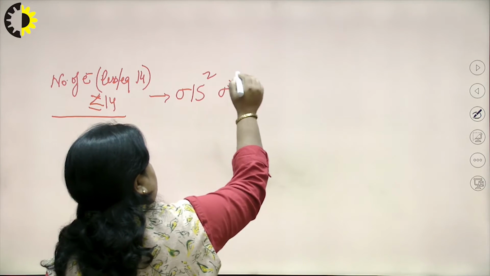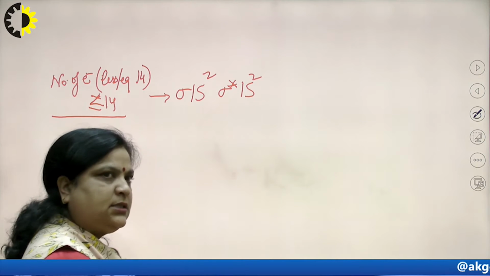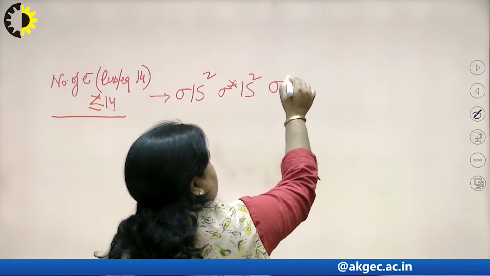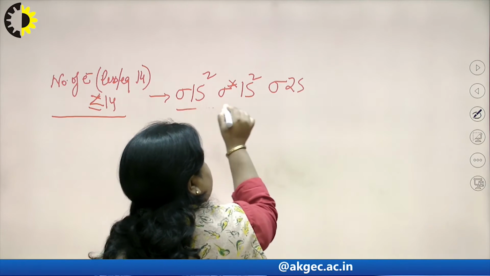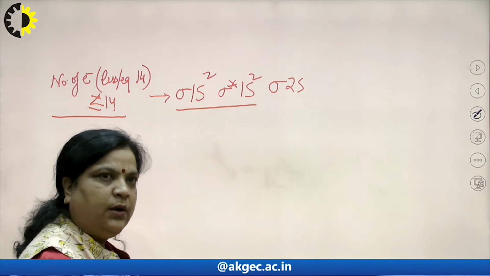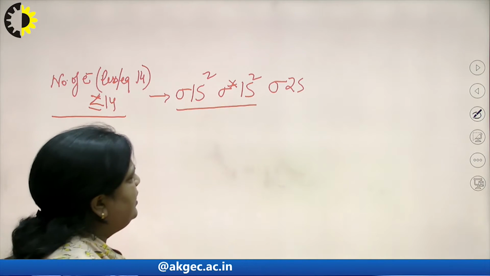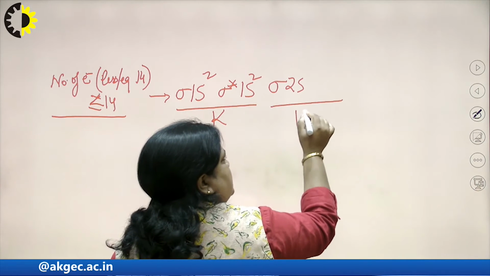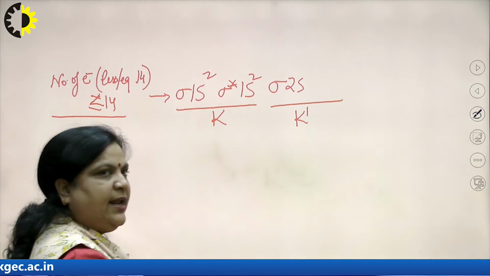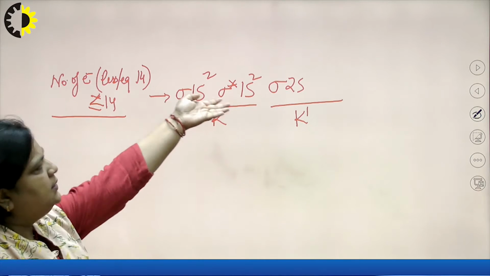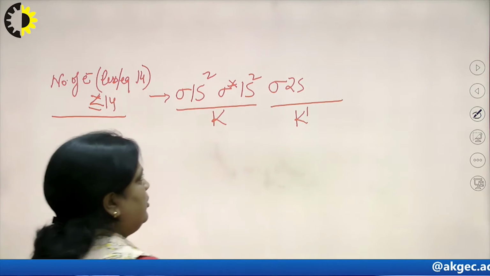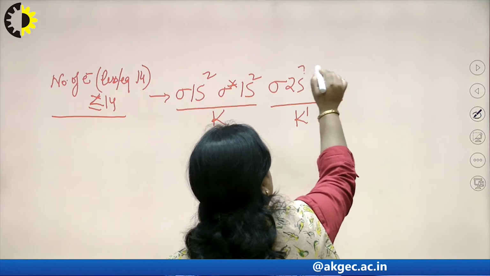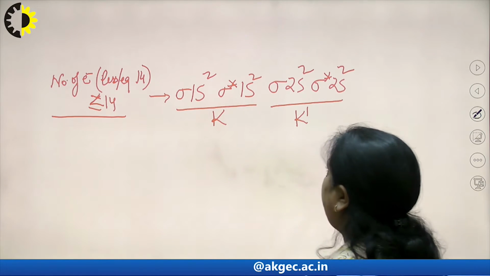The next, that is the fifth and sixth electrons, will enter sigma 2s, because after 1s the 2s will form. Since 1s is very low in energy, we can write K and K dash, or we can write this as 4 orbital molecular orbital. Next sigma star 2s, which can accommodate a maximum of 2 electrons, so 8.